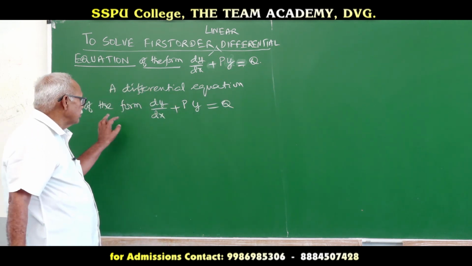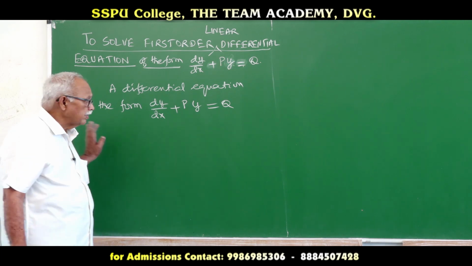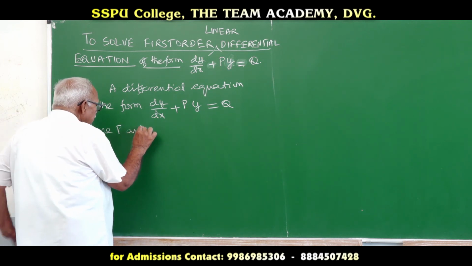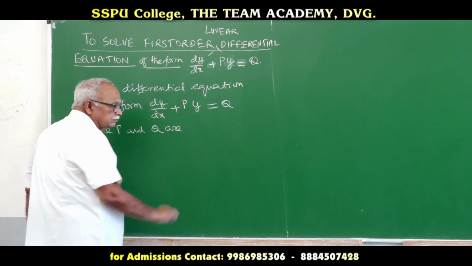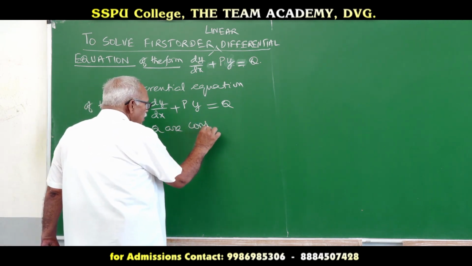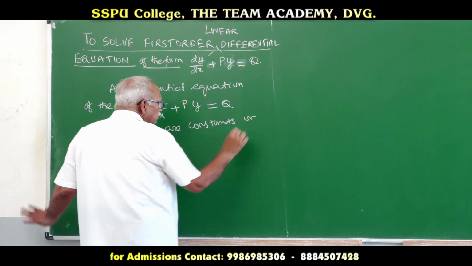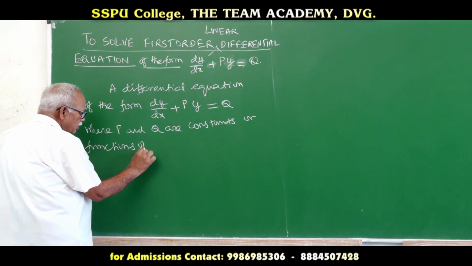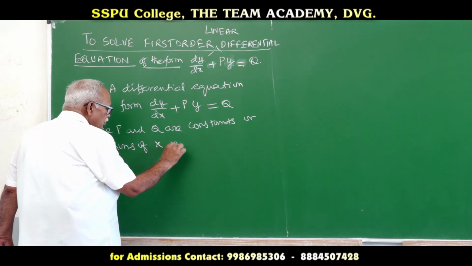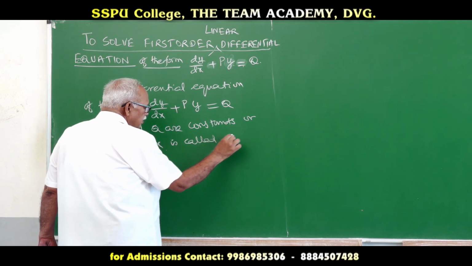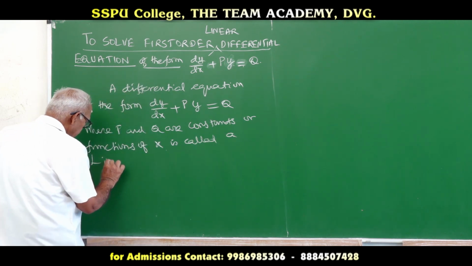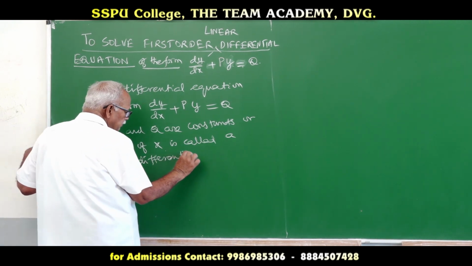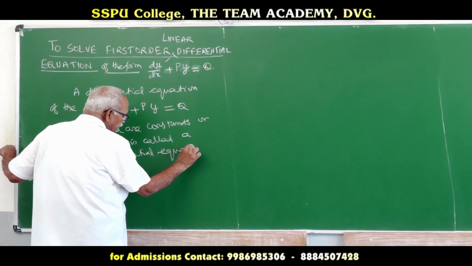A differential equation of the form dy by dx plus py is equal to q, where p and q are constants or functions of x, is called a linear differential equation.